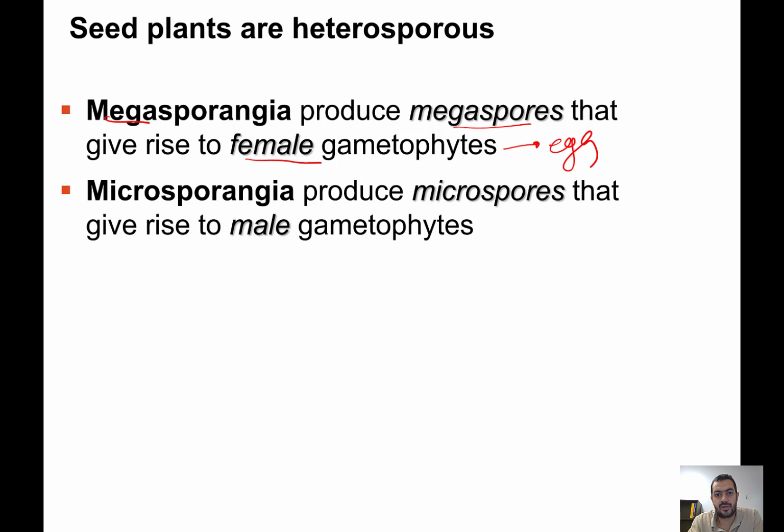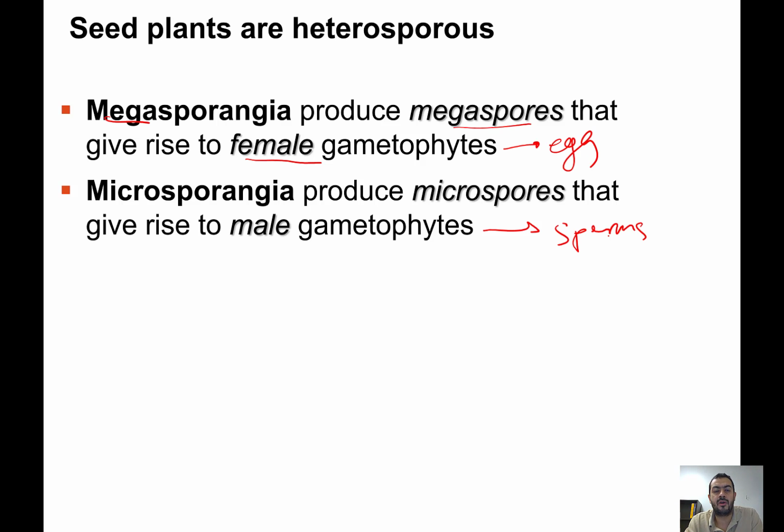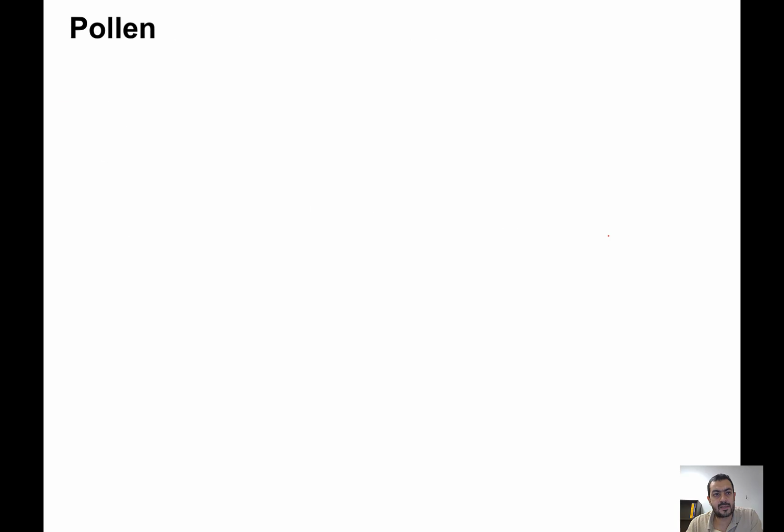These microsporangia will produce the microspores. These microspores will give rise to the male gametophytes or the sperms. So this feature of heterospory will be explained when we move on to the life cycle of seed plants.